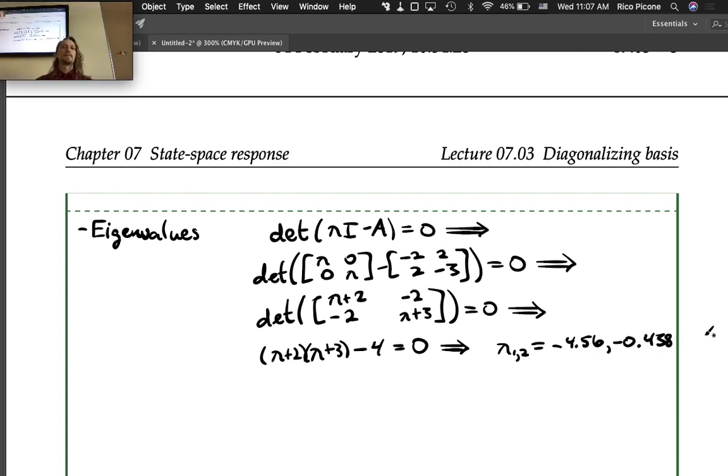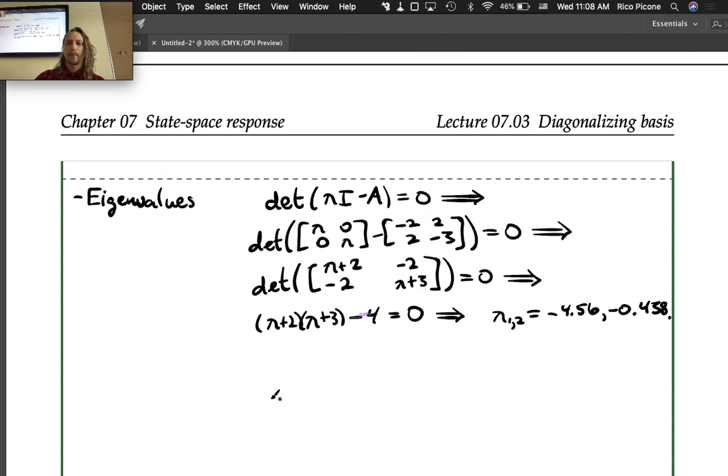Okay. So those are the eigenvalues. They're real again, so in the next lecture we're going to do complex ones.